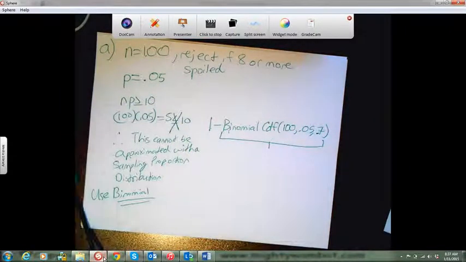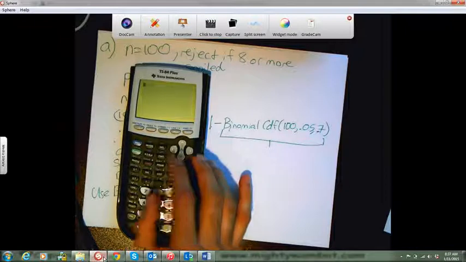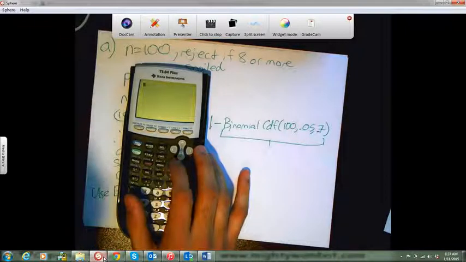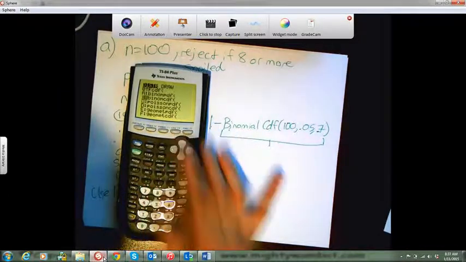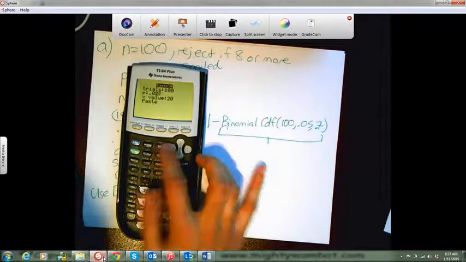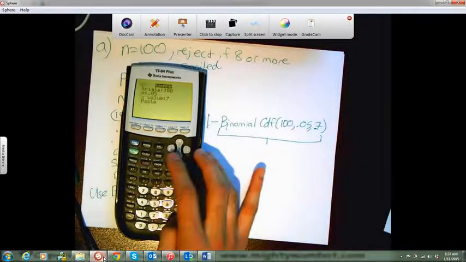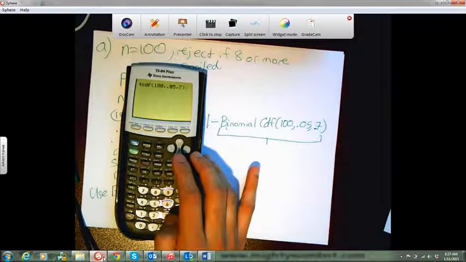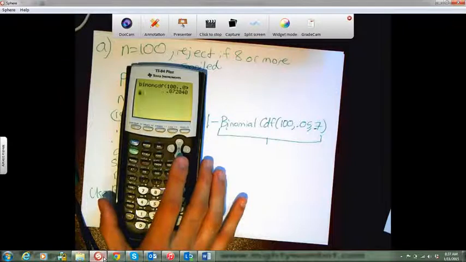So let me do this. I'm going to go to my calculator here. By this point, we know how to plug in binomial CDF. So you go on this calculator, it is vars, second vars, binomial CDF. Total is 100, the p-value is 0.05, and the x value is 7, and we want to just paste that, and the probability is 0.8720.